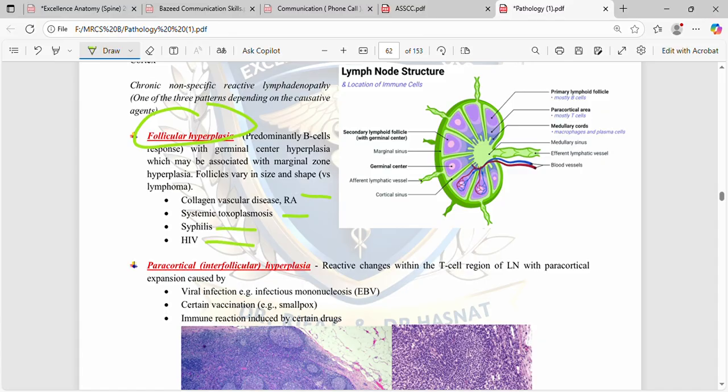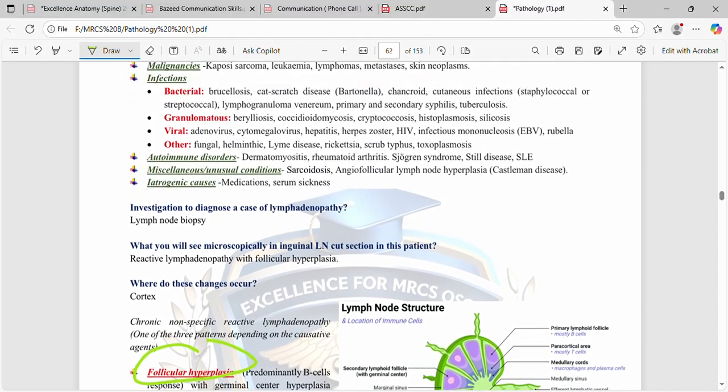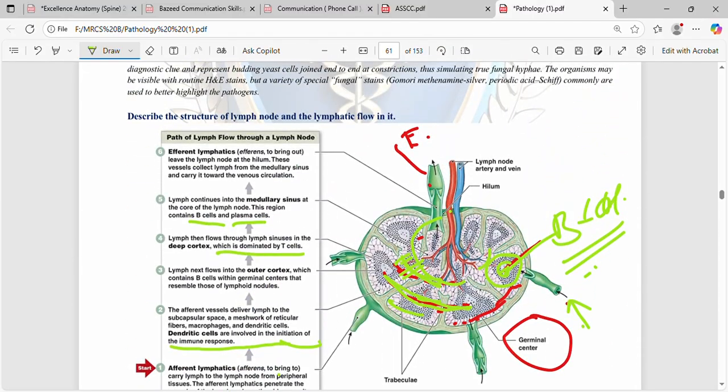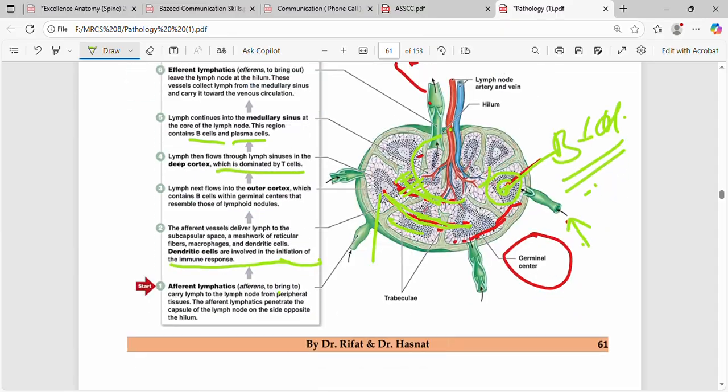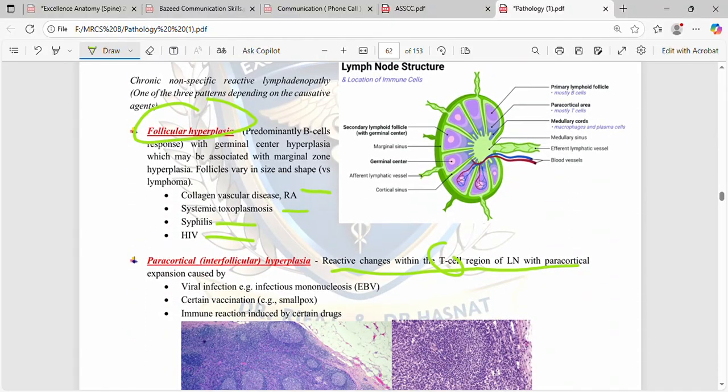Okay, and then the other method is parafollicular or interfollicular hyperplasia. So this is because of the T cells, and where are the T cells? T cells are in the deeper cortical region. So this is actually the paracortical, the interfollicular region.